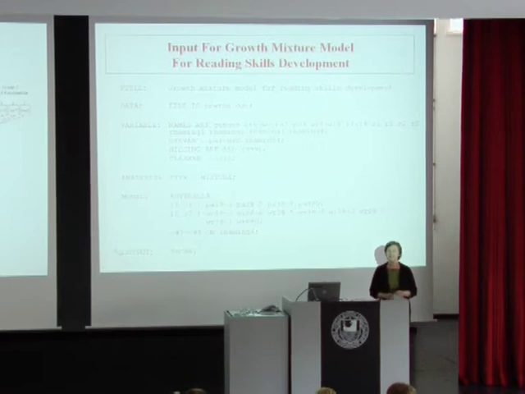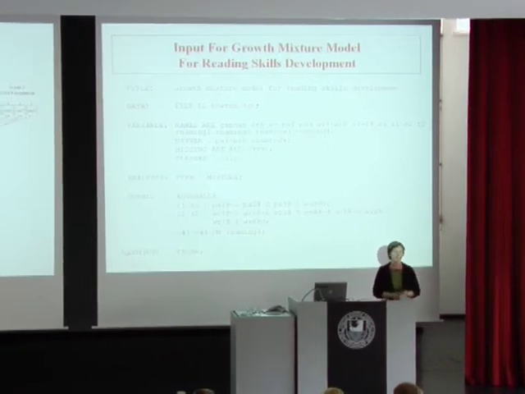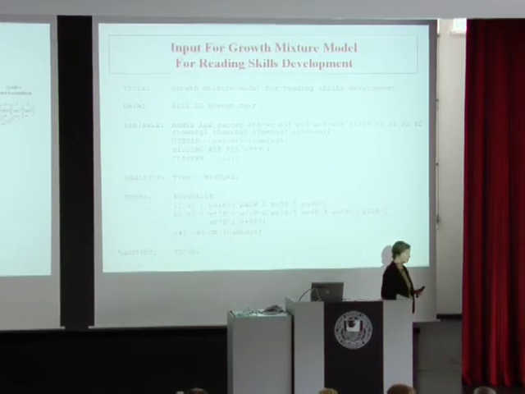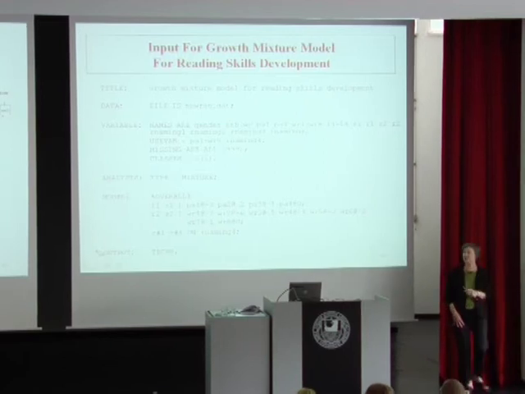Now, in this analysis, we're not really interested in all 5 of the classes, and that may very well be the case in your own research. We're really only interested in that non-performing class. So we're going to be focusing on them. But before we do that, let's take a look at the input for how you would set this model up.